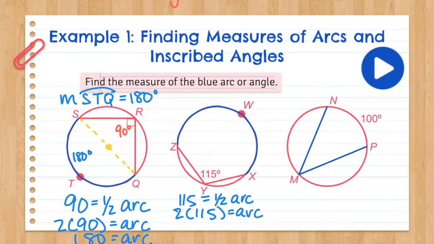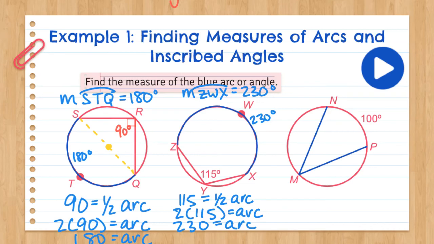And then 2 times 115 is 230 equals the arc. So the arc is 230 degrees. So we can say that the measure of arc ZWX equals 230 degrees.